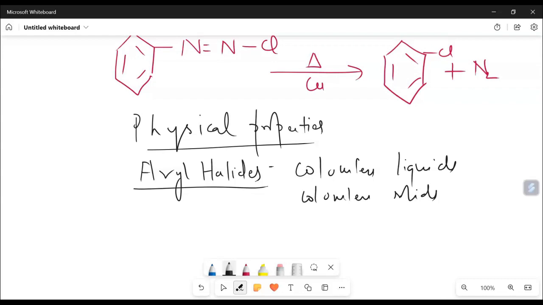They have some kind of odor. Chlorobenzene is a colorless liquid with a pleasant smell.